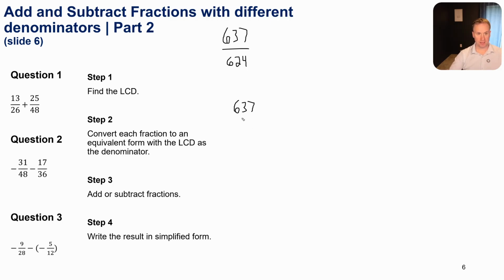So the prime factorization of 637 is going to be 7 is the smallest prime number of 637 and 91. So you could test 2, you could test 3, you could test 5, none of those go into it. The smallest though is 7. 91 then can be broken down into another 7 and 13.